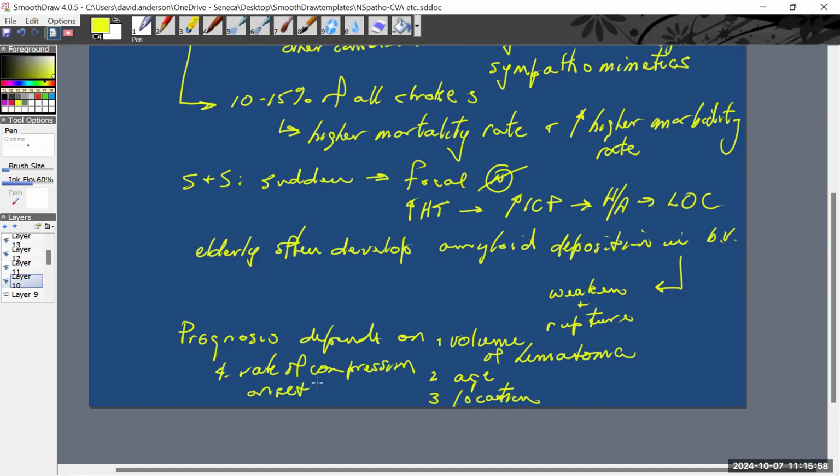So in other words, how fast the bleed is applying pressure, creating those herniations.